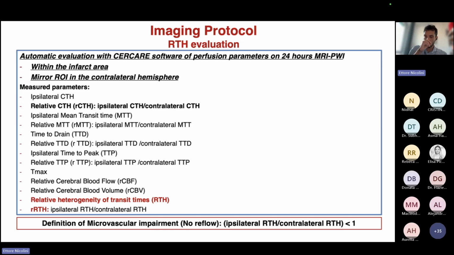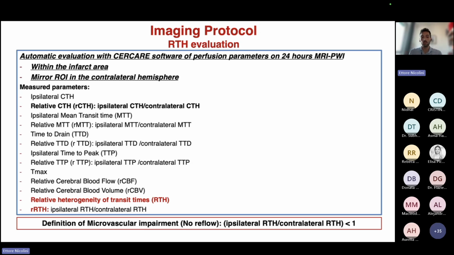To have a more precise detection, we define our definition of no-reflow with the ratio between the RTH within the infarct lesion and the RTH in the contralateral hemisphere.